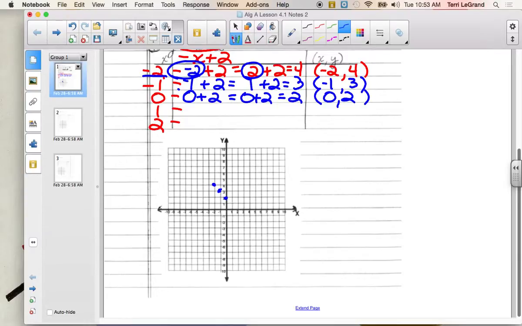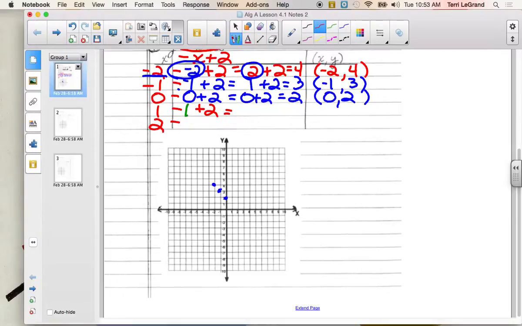By now we should be seeing that pattern. What do you think the next y value is going to be? 1. And then the next one? 0. Probably 0. Okay, now we're putting in positive x values, but remember that negative sign is still along. It's still part of our function rule. So we're substituting in that +1 into our function rule.